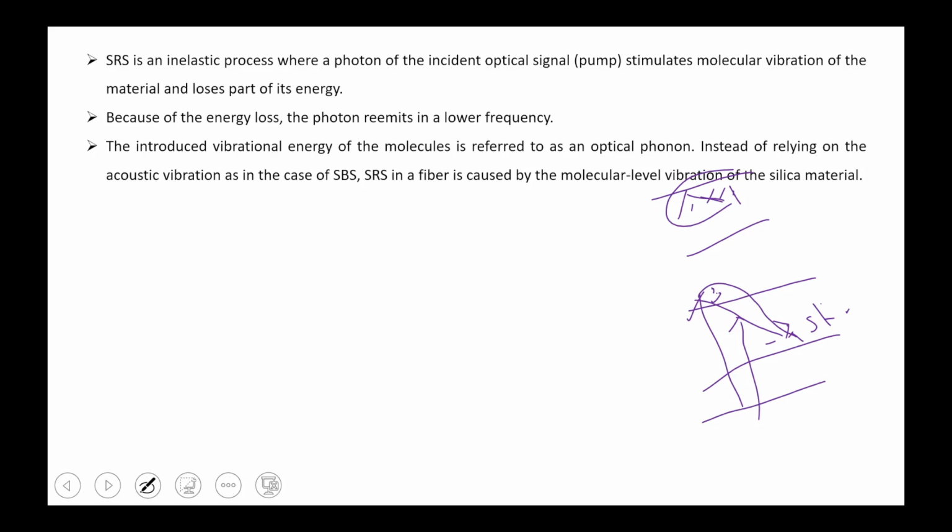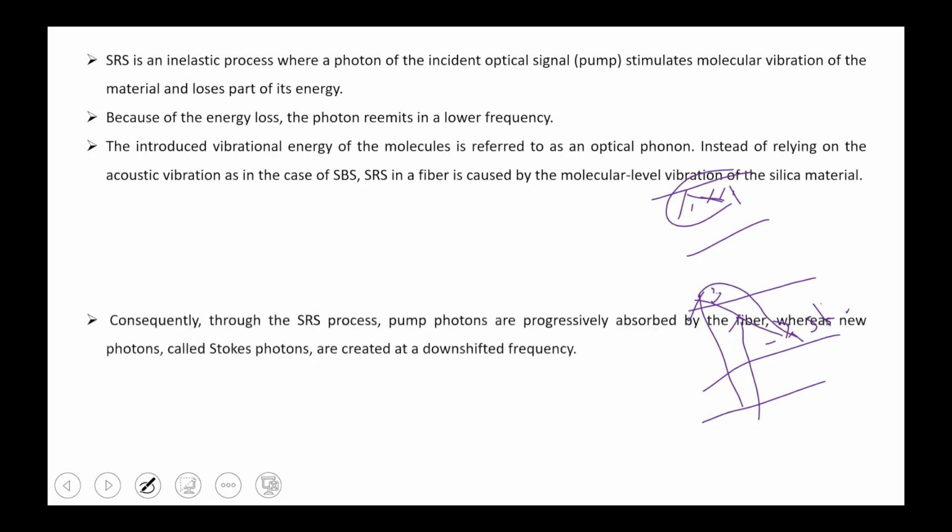Instead of relying on acoustic vibration as in SBS, SRS in the fiber is just vibration of the silica material, whether the fiber is made of silica or germanium or whatever material. Due to that, the photons lose energy and have to come to a lower band.